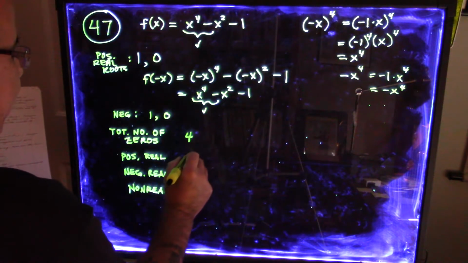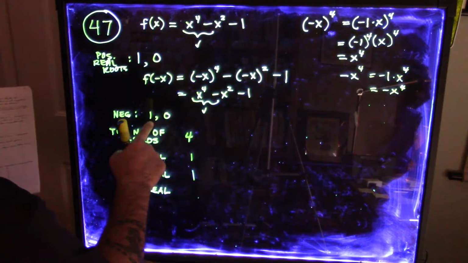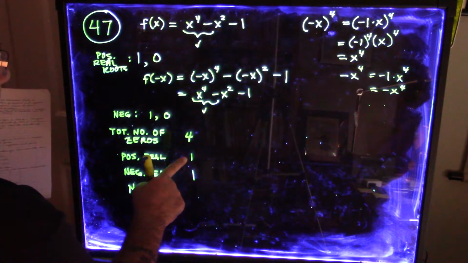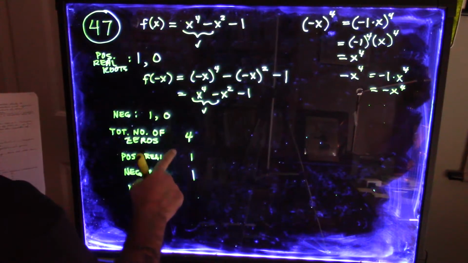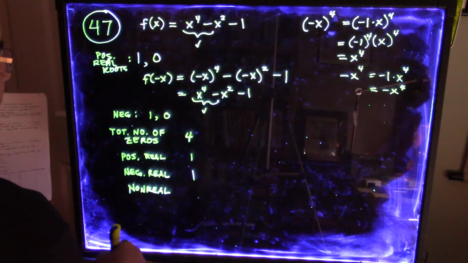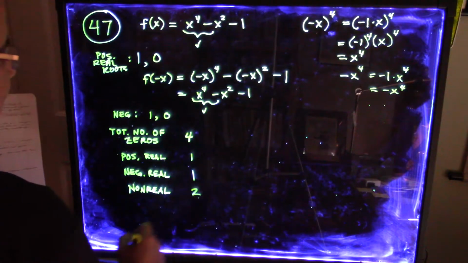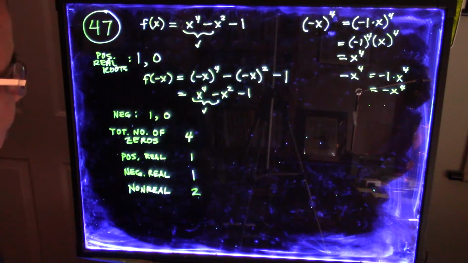So we could have one positive, one negative real, like we see here with Descartes' rule. And that means there's 1 plus 1, that's 2 real roots. There's going to be 2 more to make 4, so that would be 2 non-real roots. Now, non-real roots always occur in conjugate pairs.